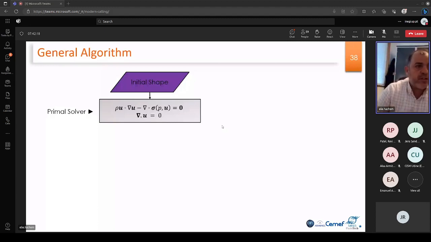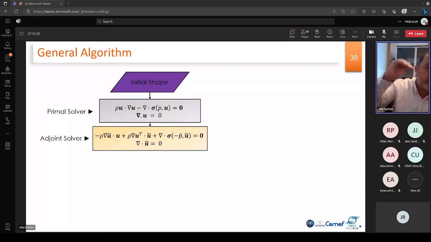So you're going to use this velocity and pressure to cast them into the adjoint equation. You can see here the velocity coming to help solve the adjoint velocity and the adjoint pressure.